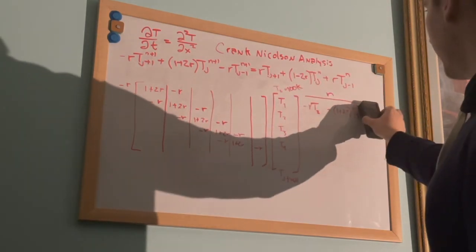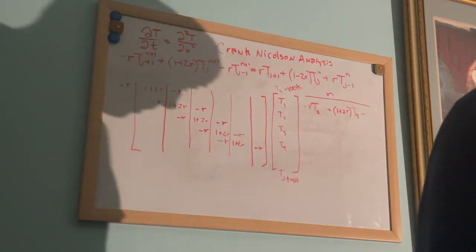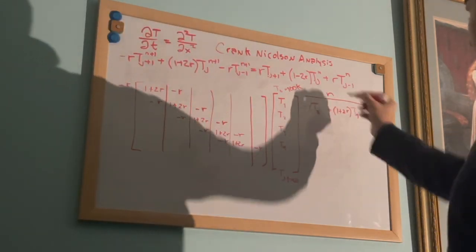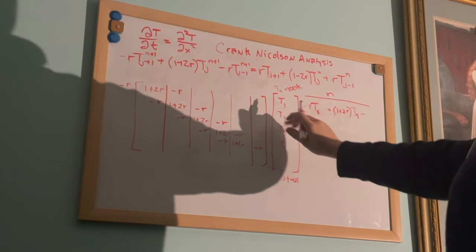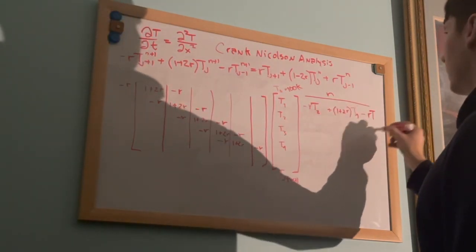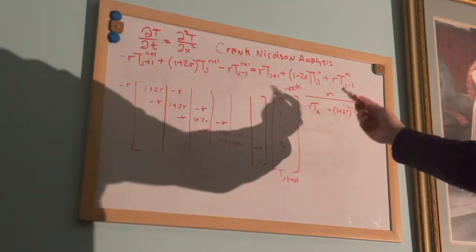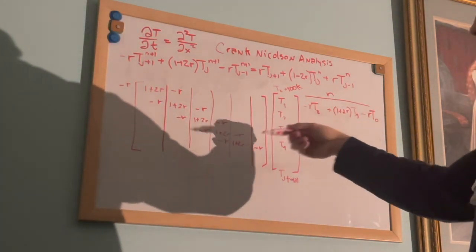So you can just finish this off right here. You would have that, and then minus RT at 0. And that's how that would look. And then you would do that for 2, and then 3, and so on.